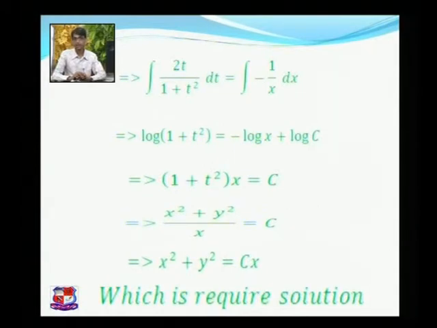If the minus log x comes to the right hand side, we will get log 1 plus t square plus log x is equal to log c, and by simplifying we will get 1 plus t square into x is equal to c. If we replace the value of t, that is y by x, and simplify, we will get x square plus y square upon x is equal to c. That means x square plus y square is equal to cx, which is the required solution of the given homogeneous differential equation.